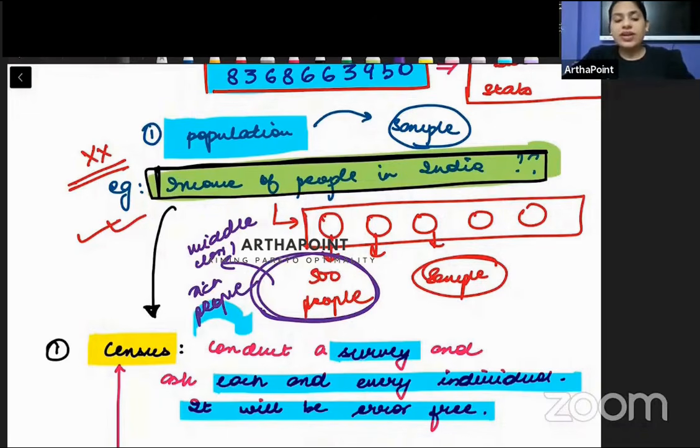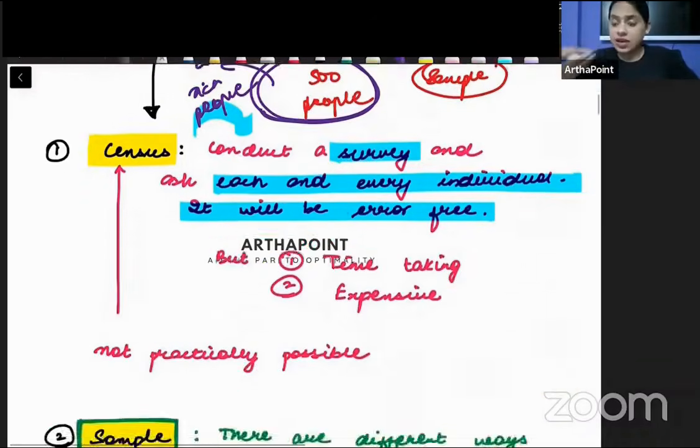So when I go ahead and I collect a sample and I use the sample for taking the information, yes, it is going to be a very timely process. Comparatively आसान है करना because you're just taking data of few people, but it can lead to some kind of error. कुछ ना कुछ error हो सकता है.